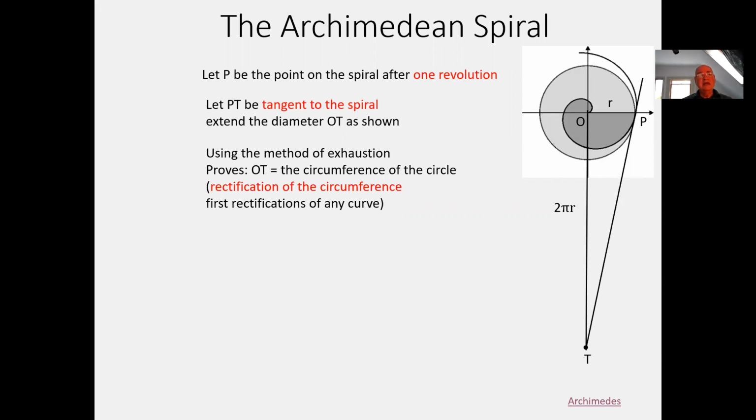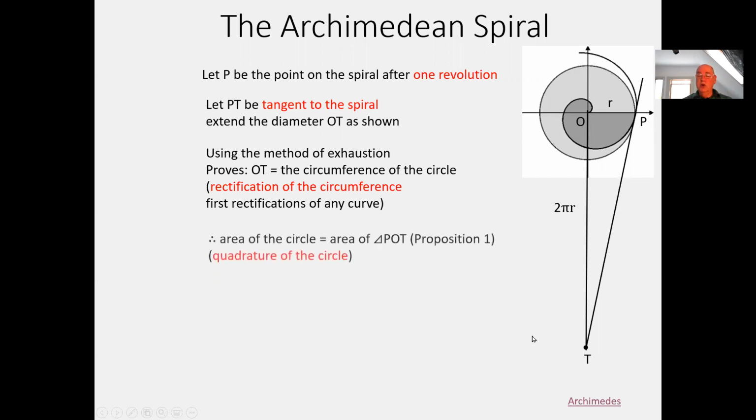Archimedes is starting from the beginning, but this is the first time a curved line is pulled out into a straight line. It's constructed. The straight line is constructed the length of the curved circumference. He does this by constructing the tangent line and by innocently drawing the line for the intersection.